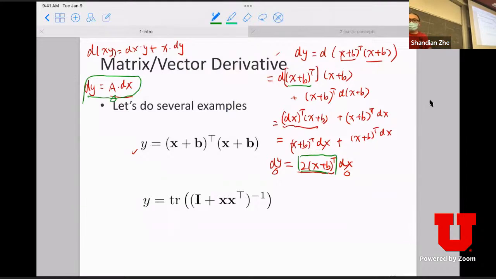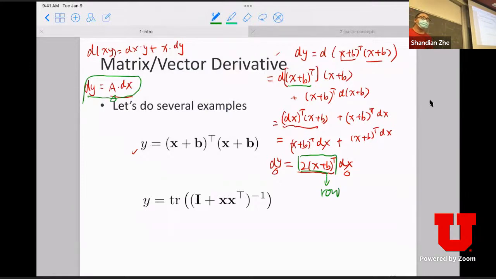Now, up to you, you can choose to use this (2x + b) transpose, which is a row vector, as your gradient, or take the transpose to make it a column vector as your gradient. It's up to you. But the computation has already been done.